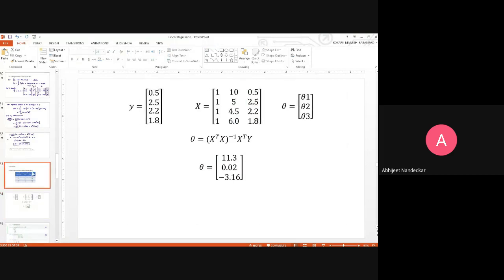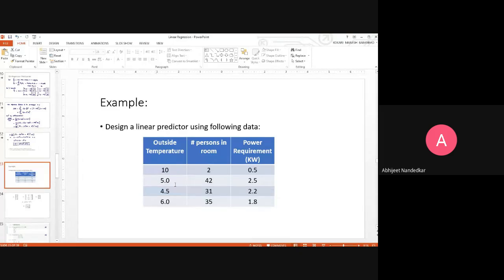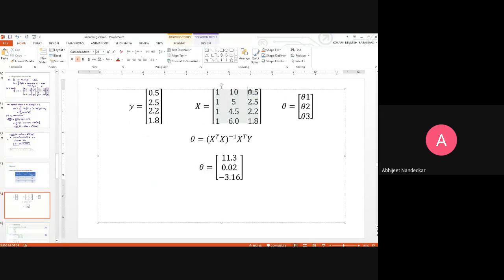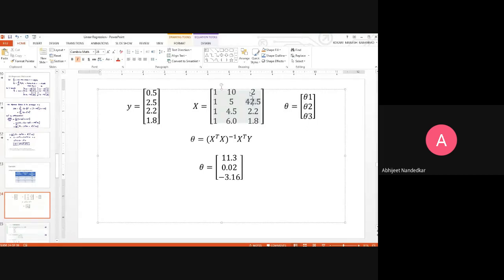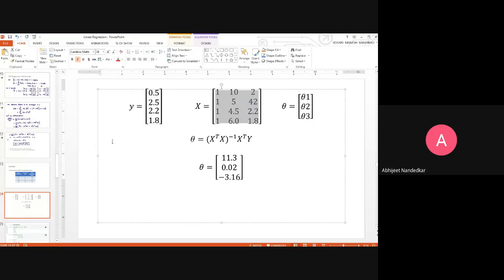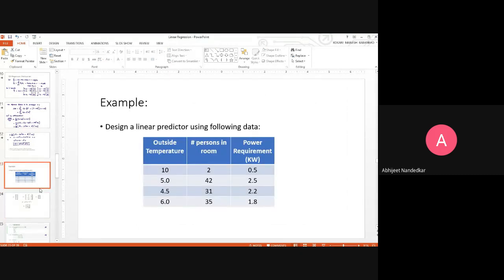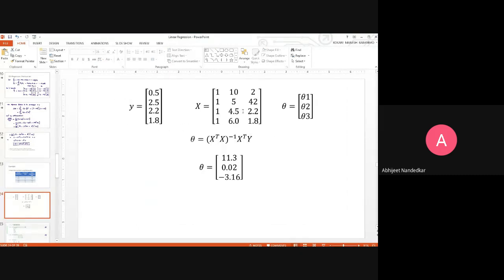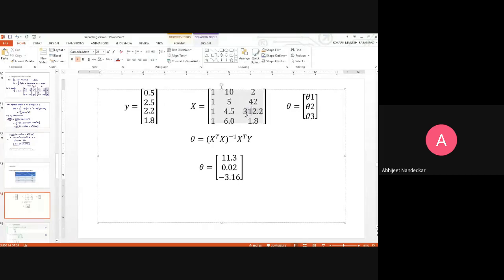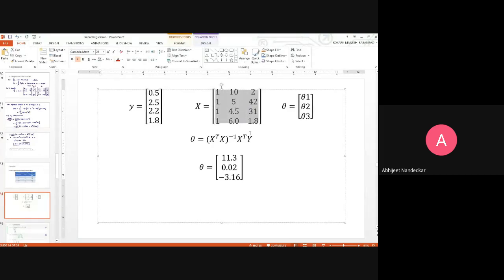Then I am writing the second column: it is 42, 31, 35. So 42, 31, 35.